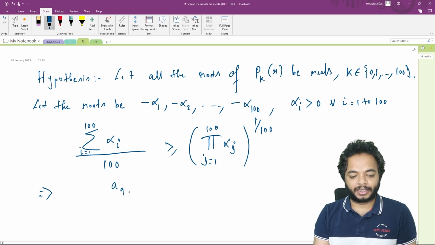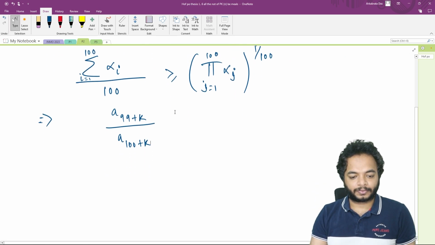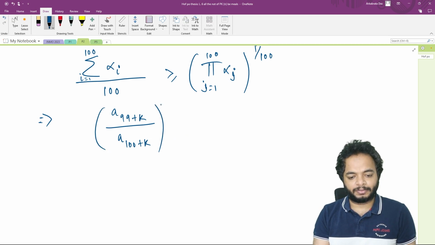The final thing, a99 plus k divided by a100 plus k. Okay. So let's take to the power 100 on both the sides. So whole to the power 100 is greater than equals to the product.